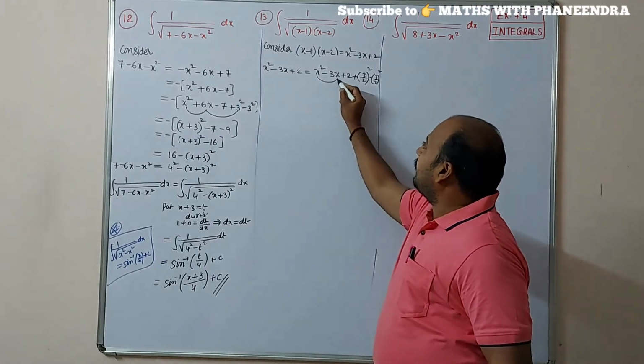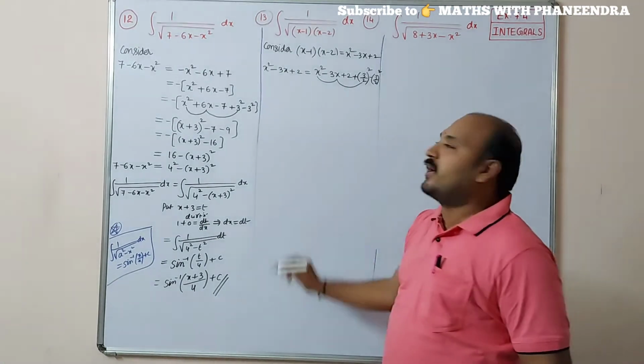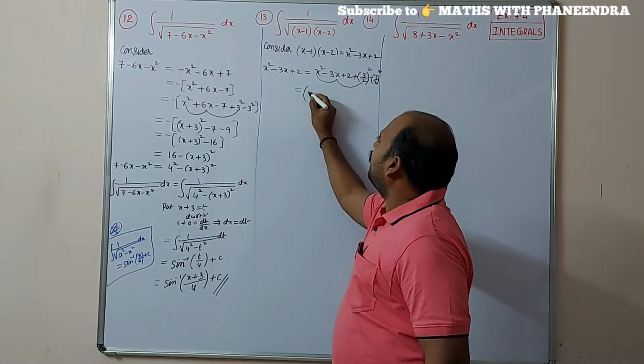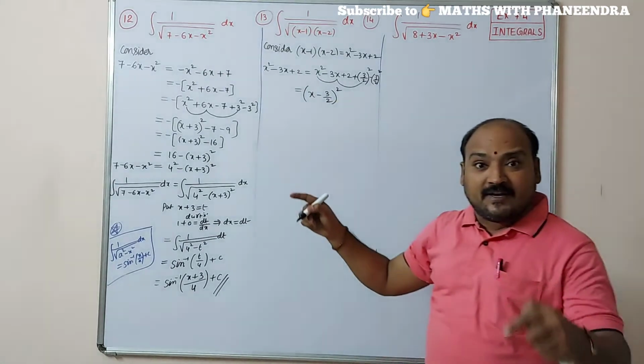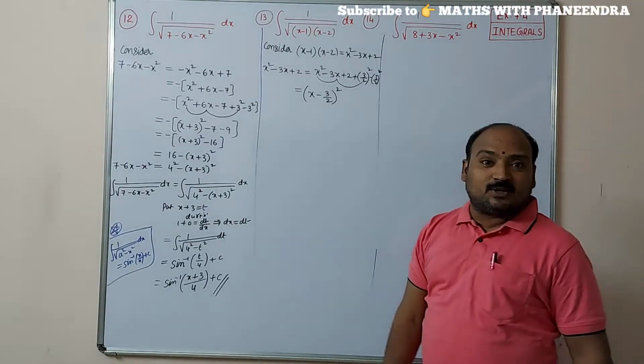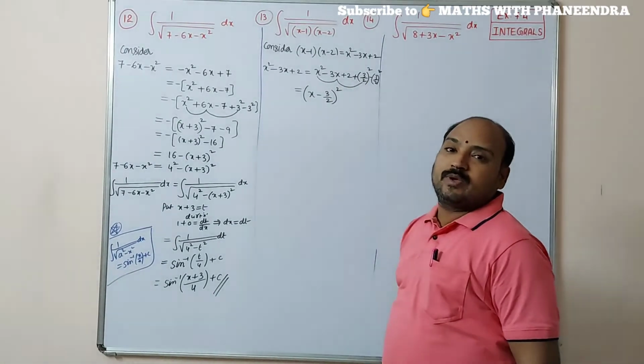So x square minus 3x plus (3 by 2) whole square is the expansion of (x minus 3 by 2) whole square. Why are we getting minus here? The x coefficient is negative, so it is the a minus b whole square expansion.